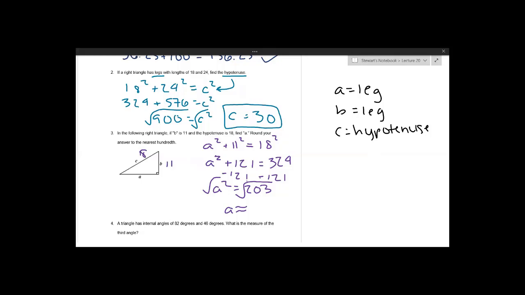Which, if we rounded to the nearest hundredth, you get 14.247. So that 7 would mean that we have to round up. So we'd end up with 14.25. And that would be our final answer. We solve for what they asked for. We solve for the rounded value of A.